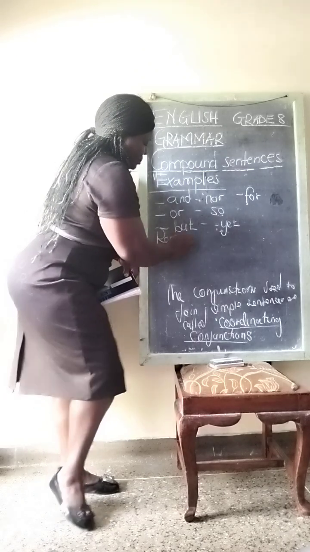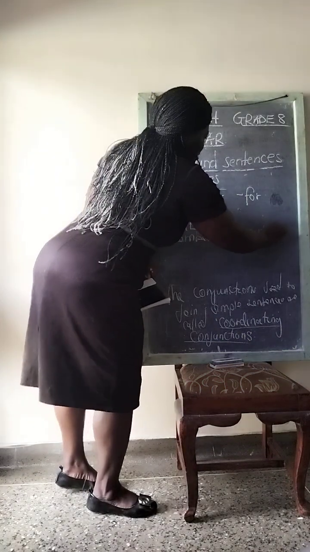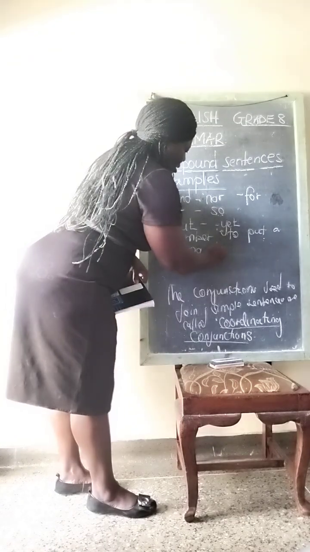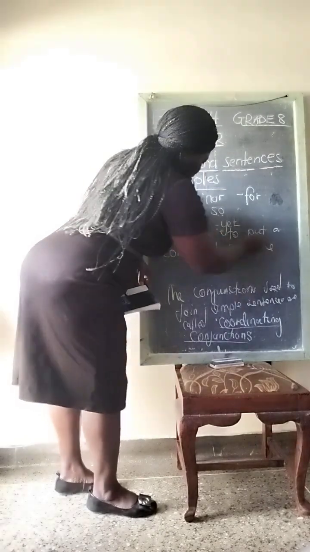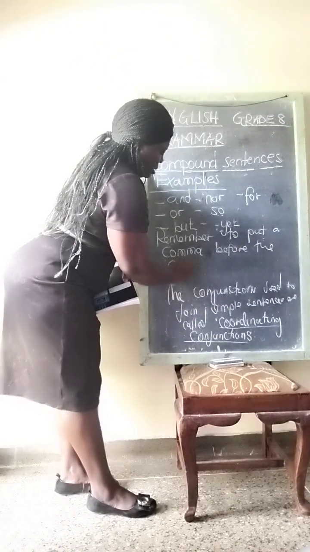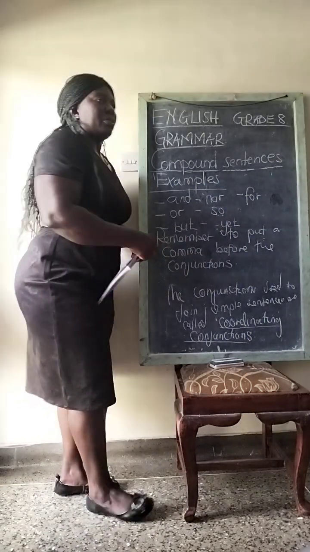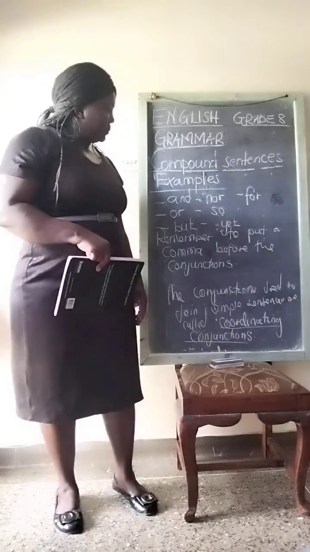Remember to put a comma before the conjunctions. So when you are joining these sentences, always remember to put a comma before the conjunctions.